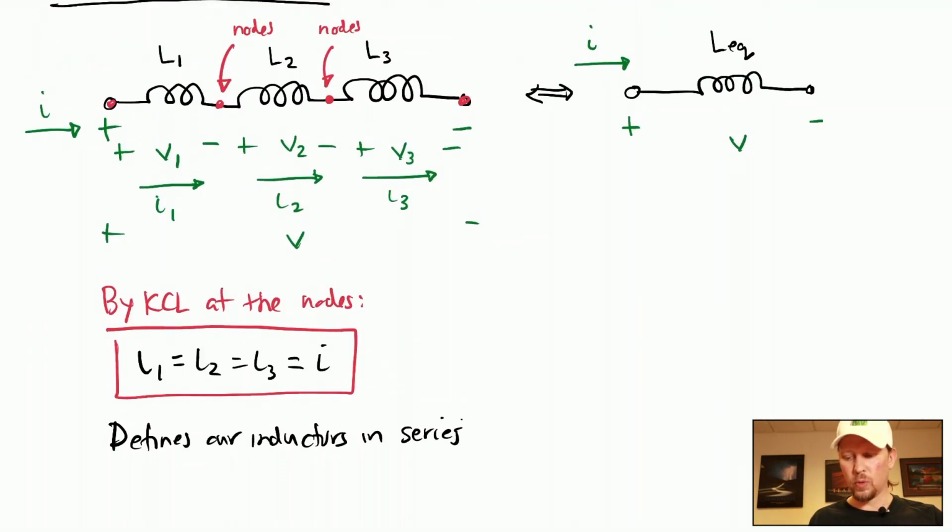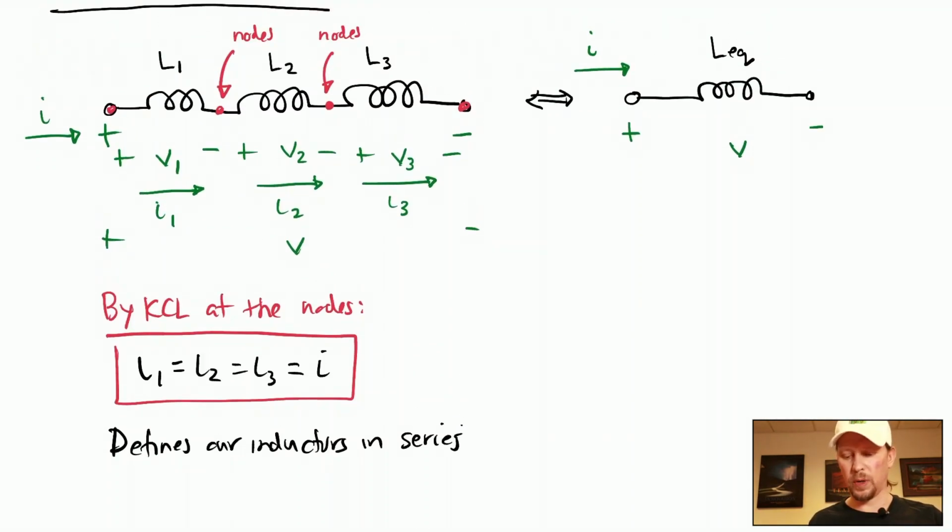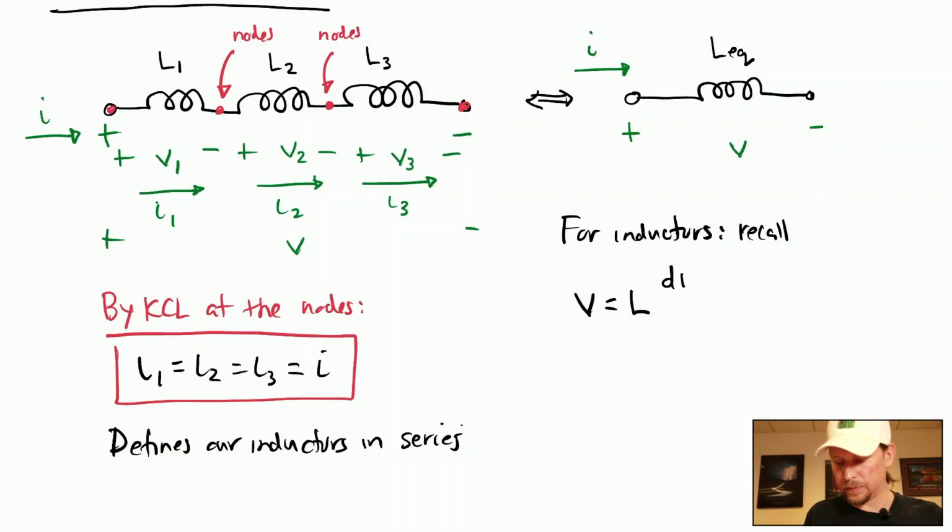Now, to keep on going with the analysis, one of the things that I need to remind you guys of are the IV characteristics for inductors. So for inductors, hopefully you should be able to recall that the voltage across the inductor is equal to the inductance L times the time rate of change of the current.